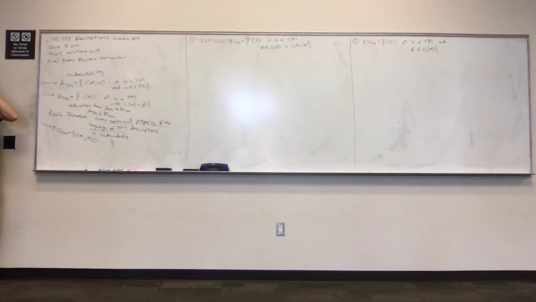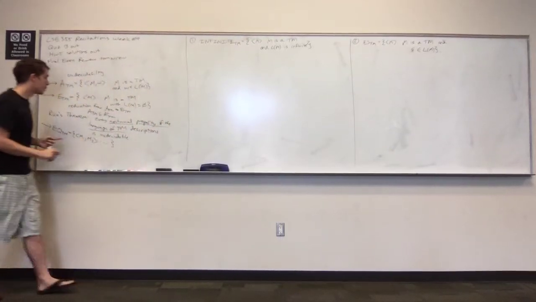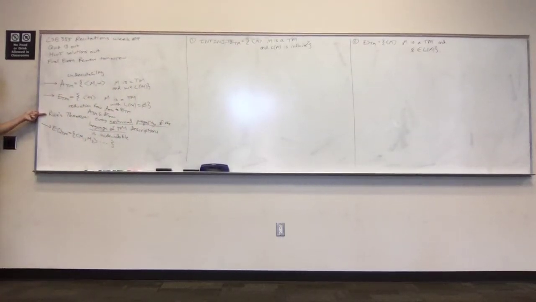Any questions about these? All right, so let's see. And one more thing. Behind the scenes of how we proved Rice's theorem, how did we prove Rice's theorem? Well, we must have done some type of reduction.